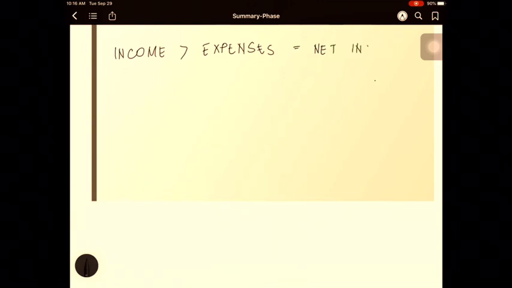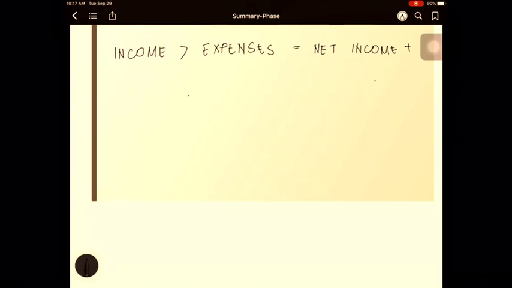A net income, of course, is favorable on the part of the business, because it increases the wealth of the owners of the business. Apart from increasing the capital of the business, it really is intended to increase the wealth of the owners. So a net income should be reflected as a positive value in our income statement.